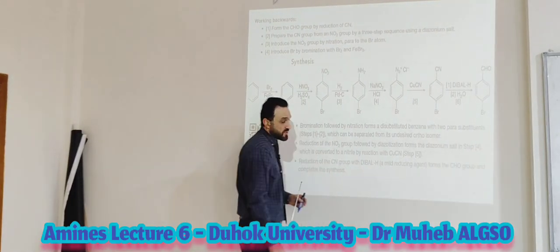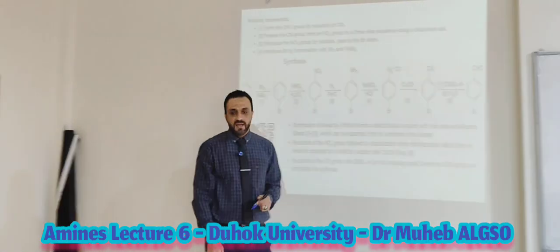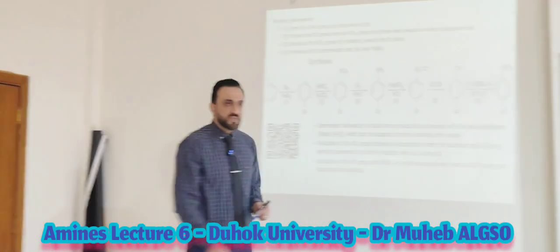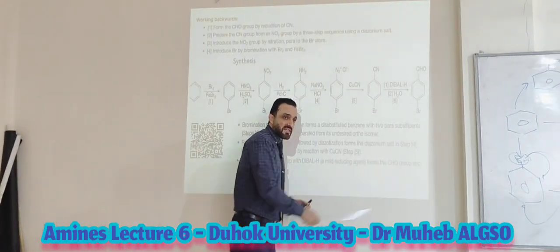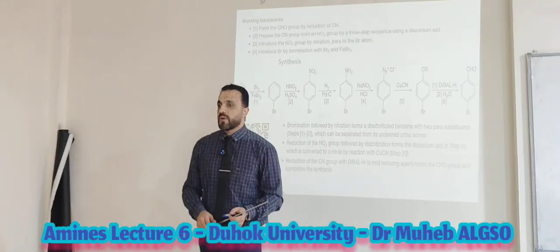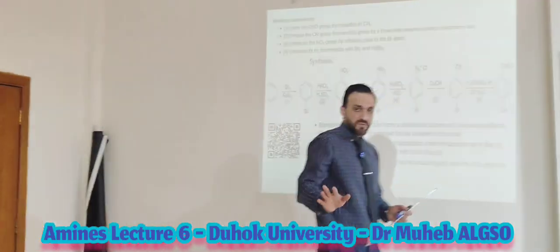It is not a strong reducing agent, and it will give you the aldehyde group. Because if you use a strong reducing agent, the aldehyde group will go to further reduction and give you alcohols. Is it clear for you?